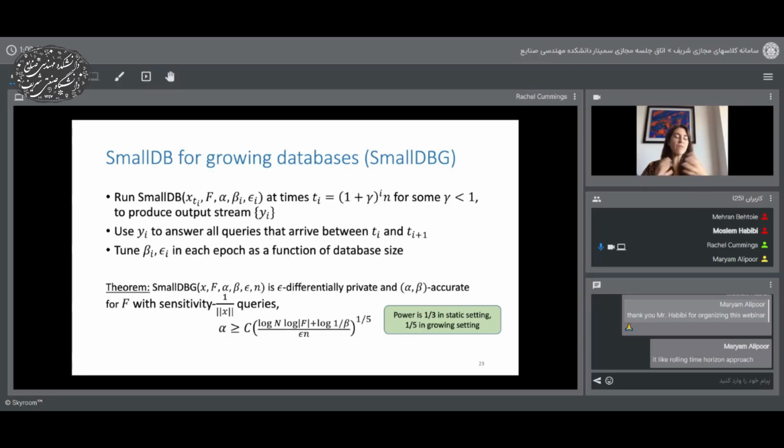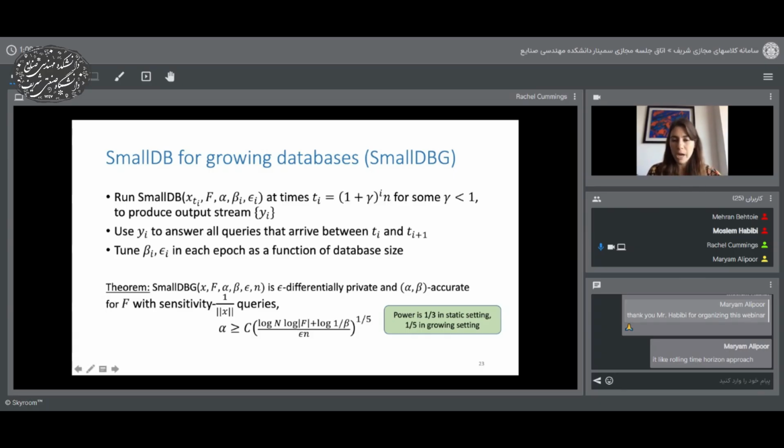Everything else is about the same, but our power is now slightly smaller, and so this alpha is going to be slightly worse.